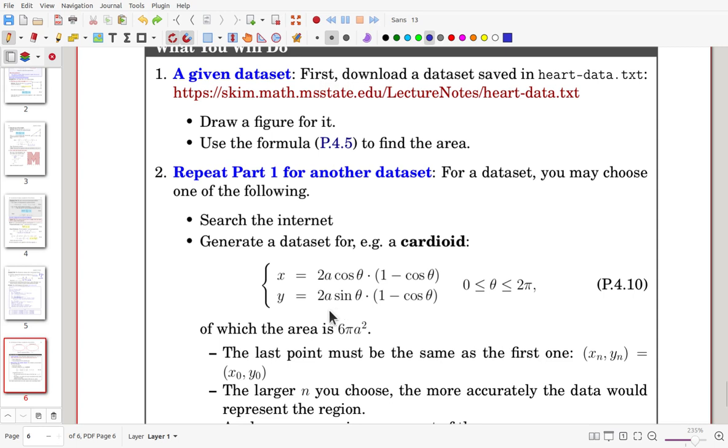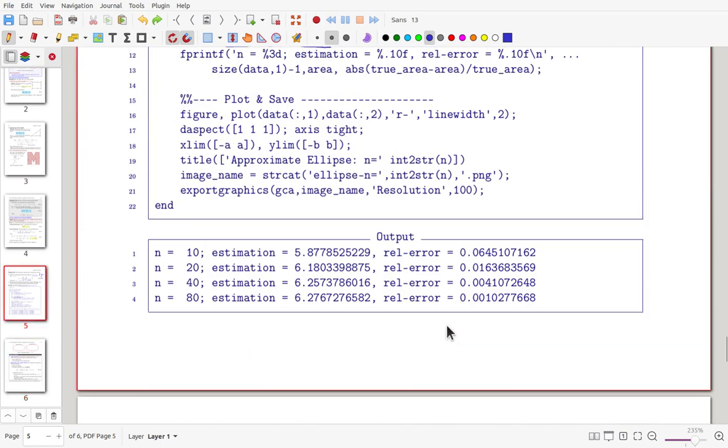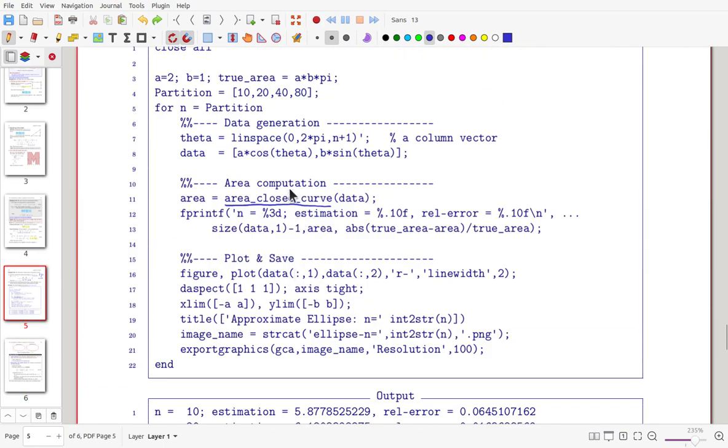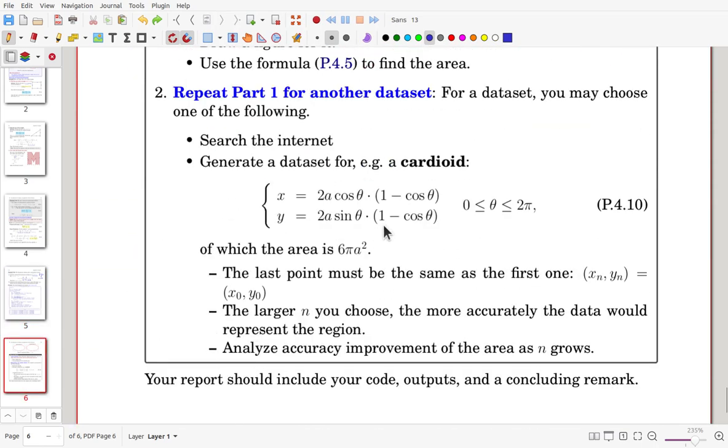The parameterization of a cardioid can be given in this way, so that if you choose this option, then over there you may replace this portion correspondingly for that parameterization.